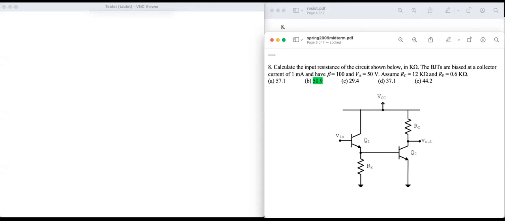So Q1 has the input at its base, right? This is the input at the base of Q1. And there's nothing between the collector of Q1 and the supply, so signal ground, a no sig node at the collector.